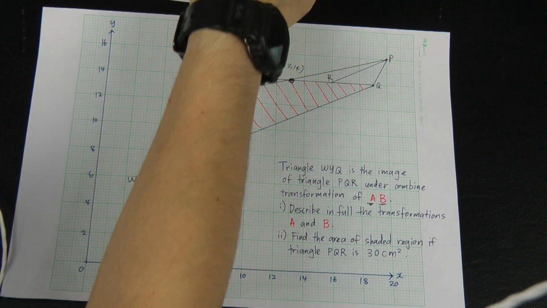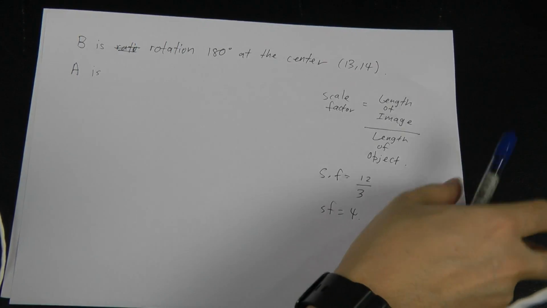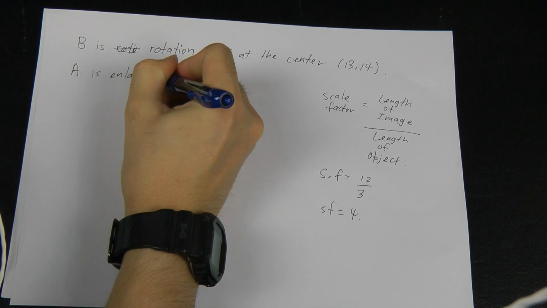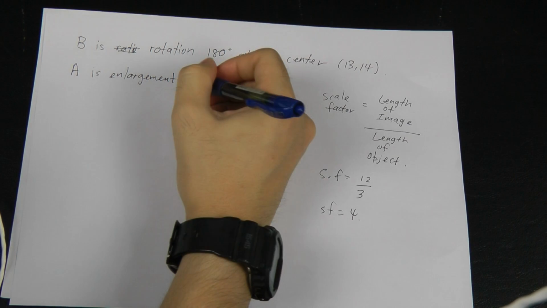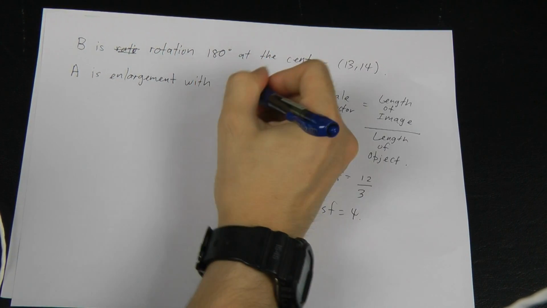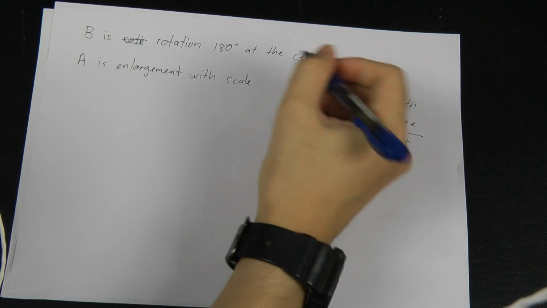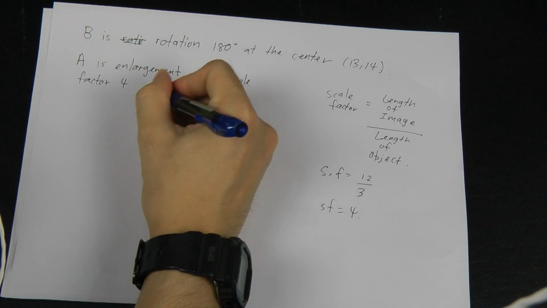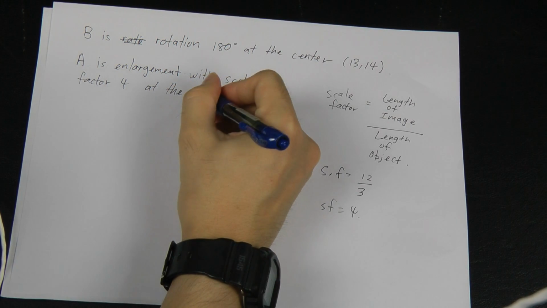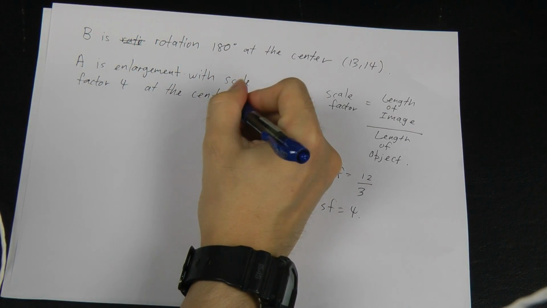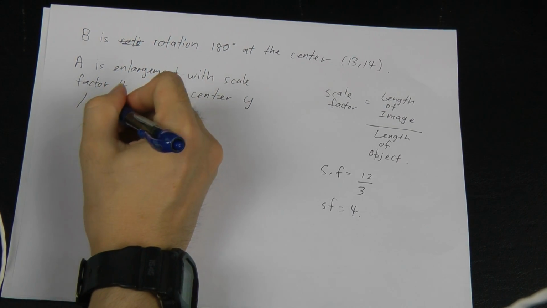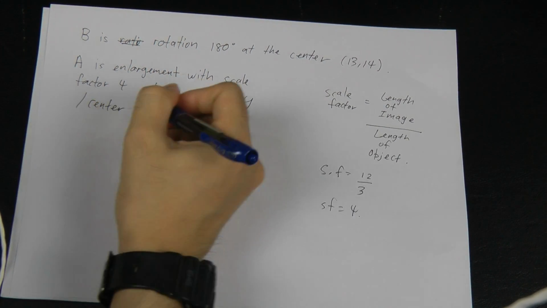So if I want to describe it in full, I will say A is enlargement with skew factor 4 at the center Y. You can say the center is Y, or you can say the coordinate of the center.